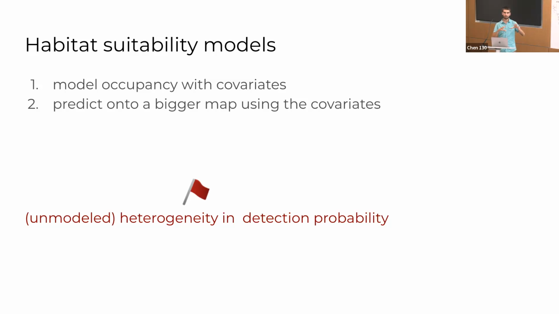But if that detection probability changes across your locations in a way that you haven't accounted for with your covariates, the term would be unmodeled heterogeneity in detection probability. It's basically going to screw everything up. Because if you don't realize that some sites are cloudy water and some sites are clear, then you're going to wrongly predict how many sites were actually occupied, because you're not accounting for that difference in the ability to detect the species at those sites.